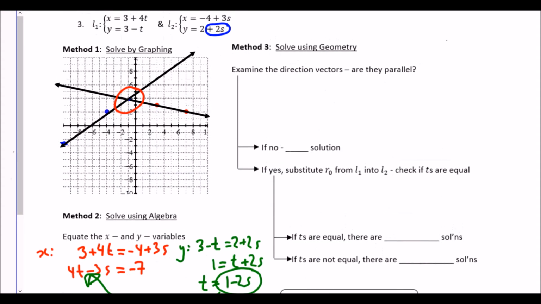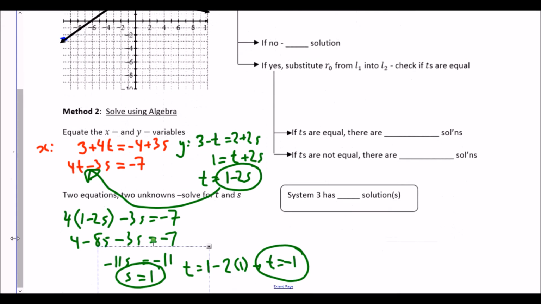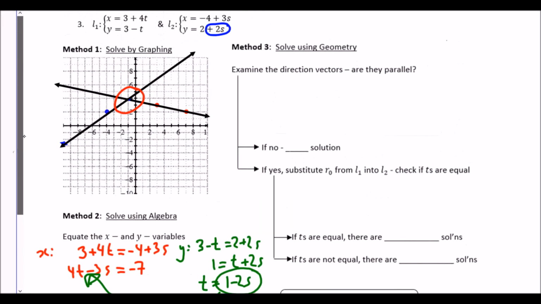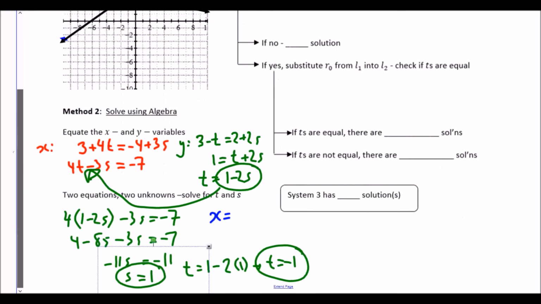So here, I know I'm going to have my x's. x is equal to, we'll go with line 1. So line 1, so x is equal to 3 plus 4t, 3 plus 4 times negative 1, so x is equal to negative 1.